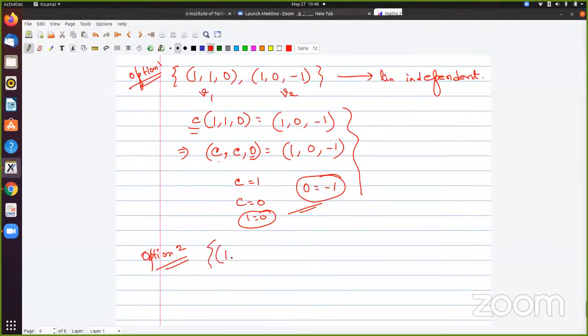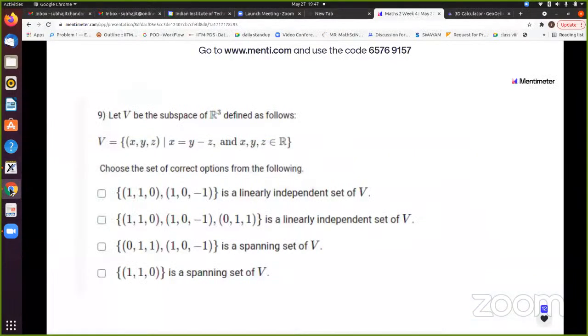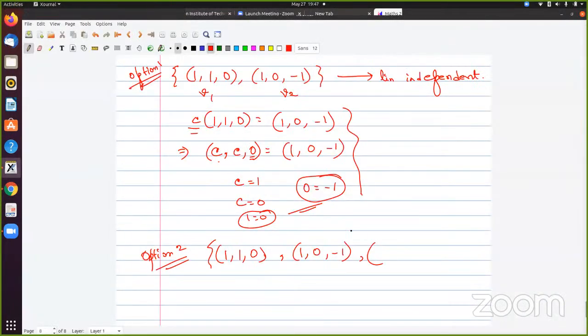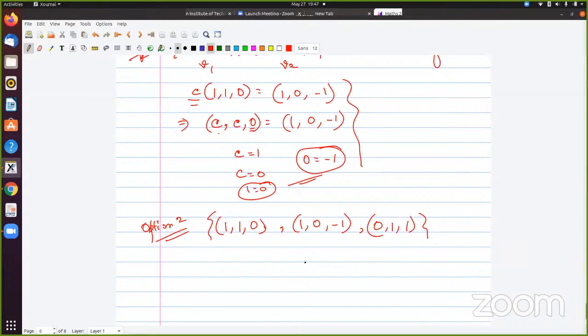Whenever there are three vectors in R3, you have to calculate the determinant, because they will form a square matrix. You write them as columns. Now you can calculate the determinant of this matrix.